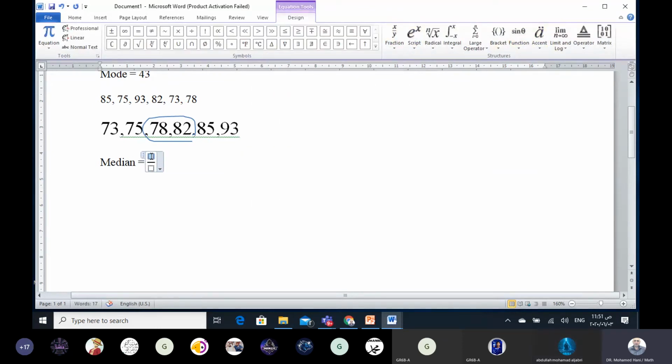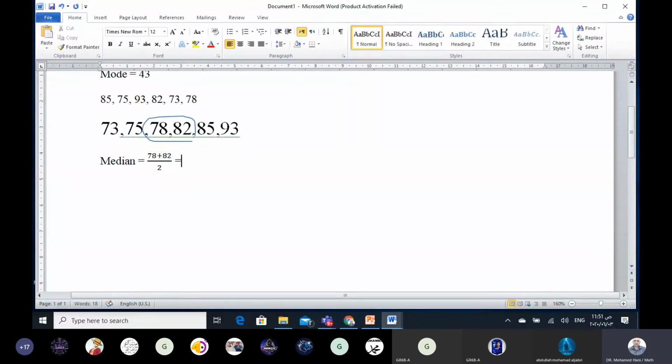So right here, 78 plus 82, divide by 2. 78 plus 82 equals 160. 160 divided by 2 will be 80.